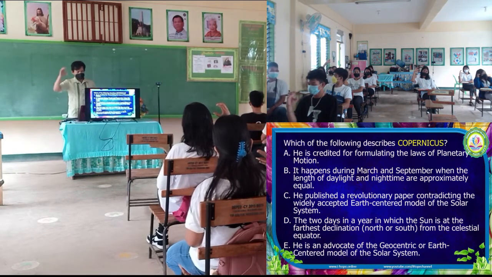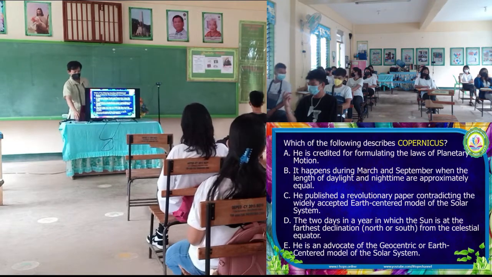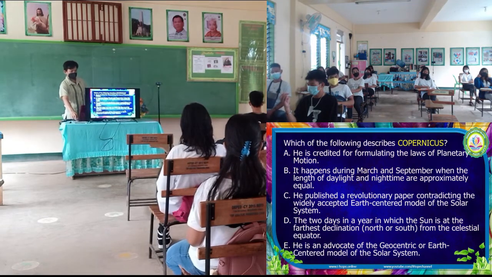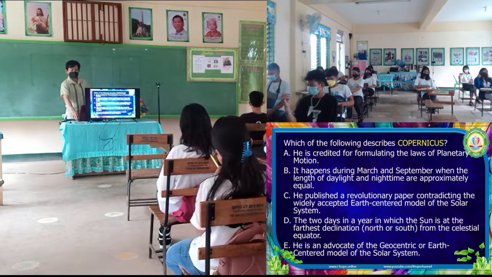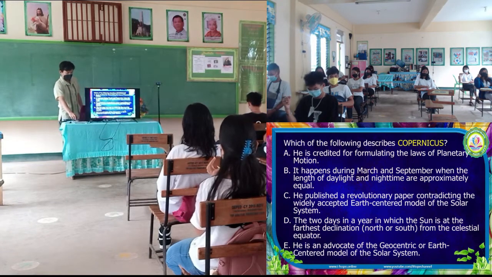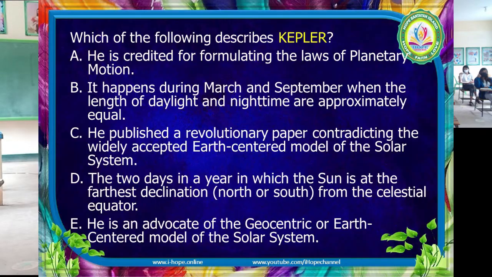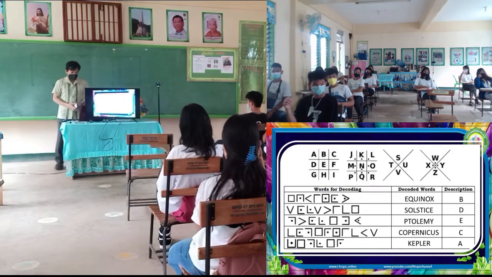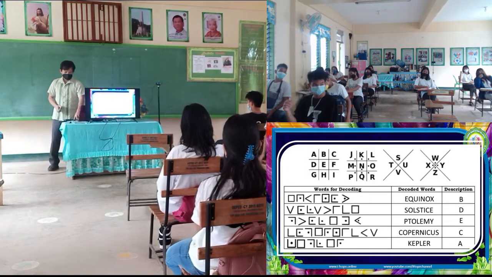Okay, so the answer is C. He published a revolutionary paper condemning the widely accepted Earth-centered model of the solar system. And of course, lastly, Kepler is credited for formulating the laws of planetary motion. So these are the answers.